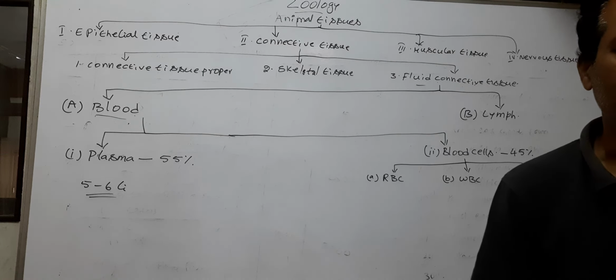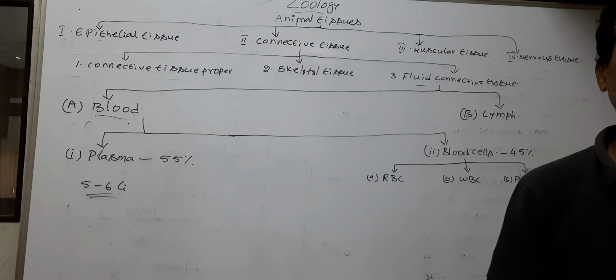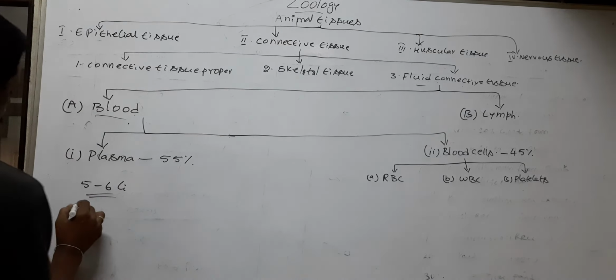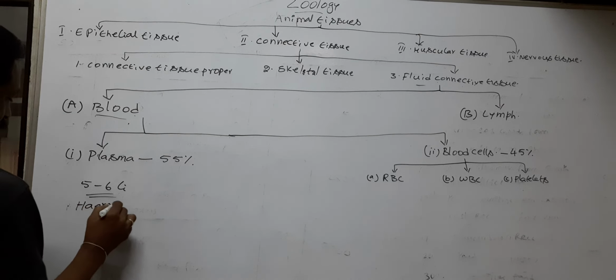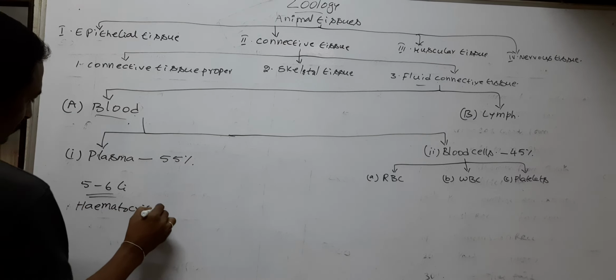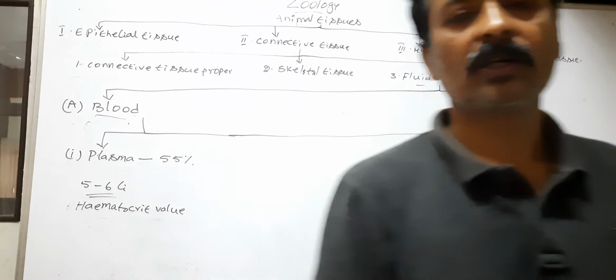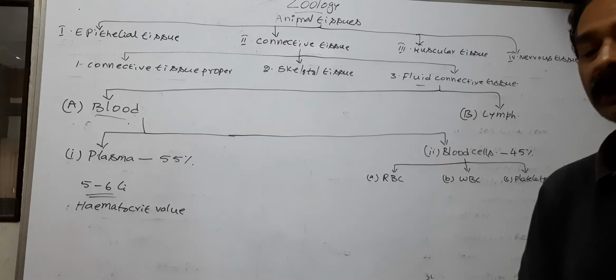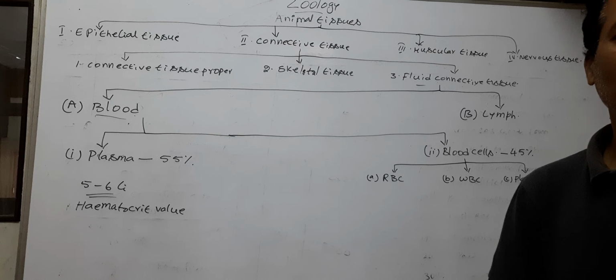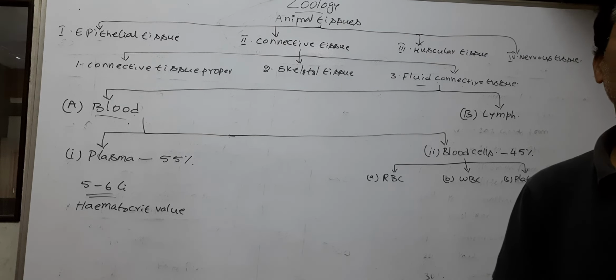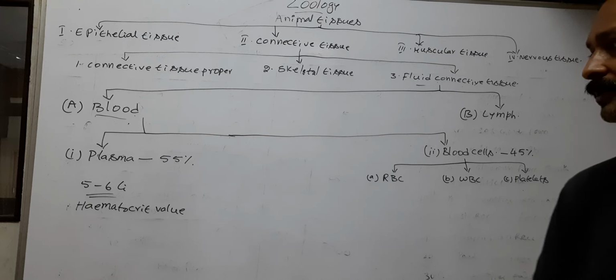The percentage of total volume of blood occupied by red blood cells, or RBC, is called the hematocrit value.